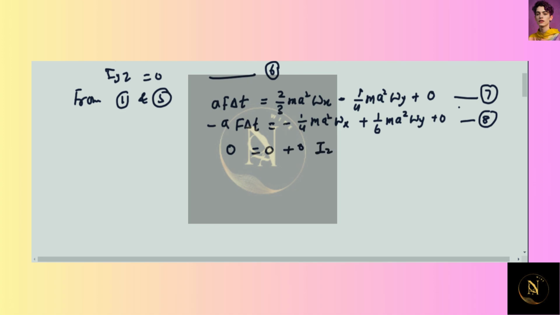And 0 is equal to 0 plus 0 plus Iz omega z.